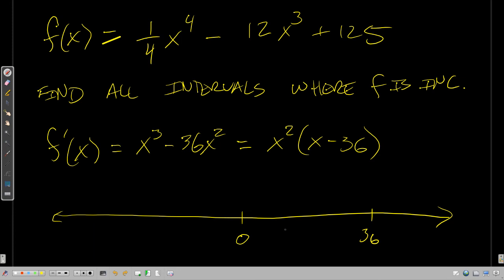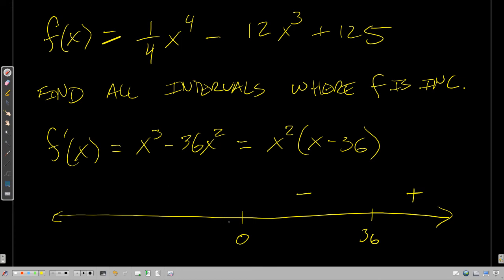If you picked a number that was between 0 and 36, like 1, 1 minus 36 would be negative, and it'd be a negative times a positive. So this is just negative right there, but it switches back to positive here.